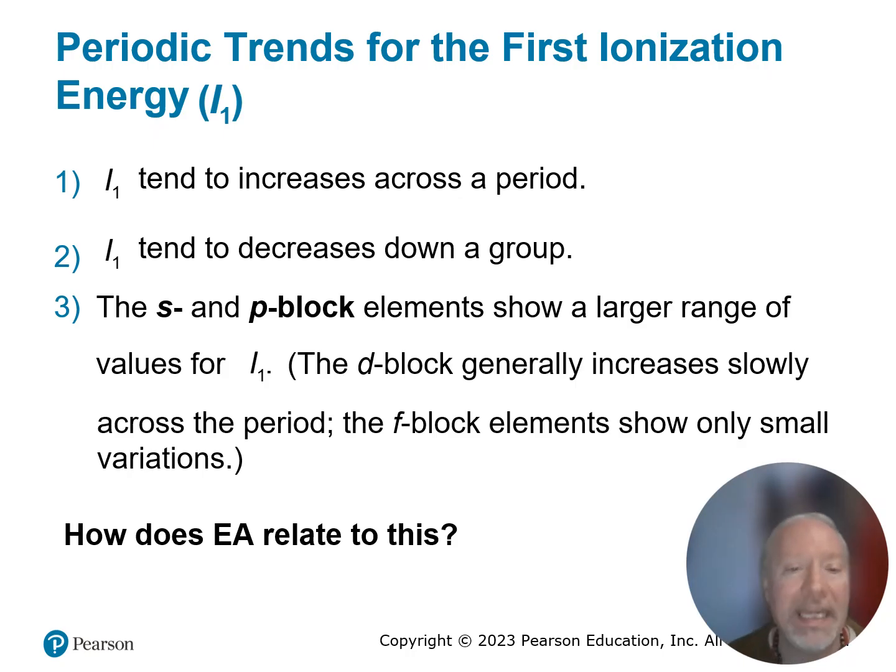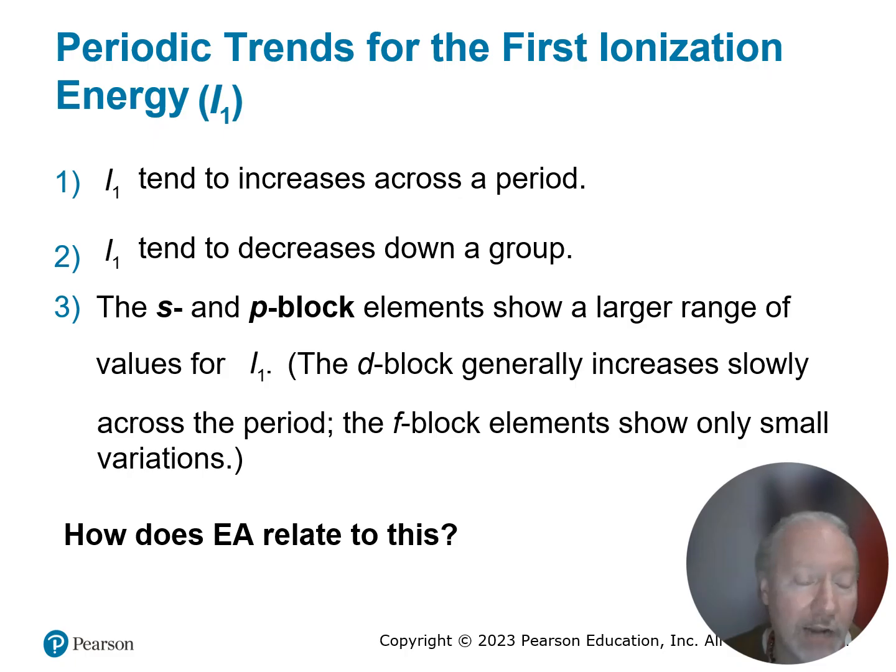So we have the S and P block elements. We also have transition metals, but we tend to ignore those. The D block and the F block tend to have a little bit different variations. And electron affinity does relate to the ionization energy, and it's pretty much negative and kind of the opposite.